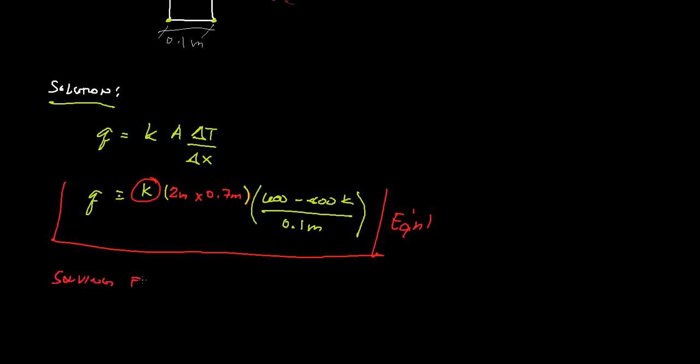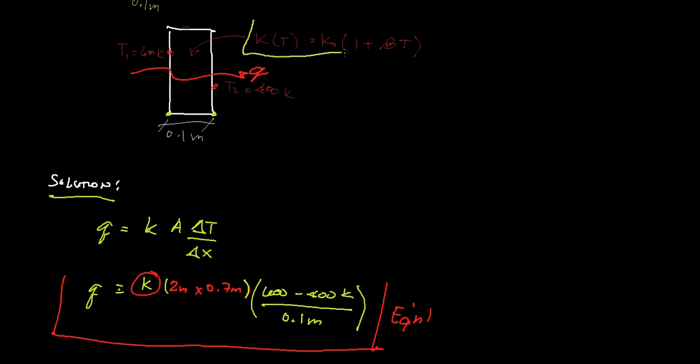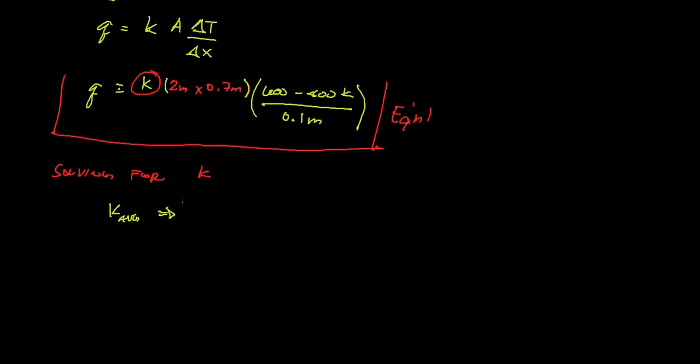So solving for K, since it is a variable K, to find the K average we can use the given linear function, K as a function of the temperature is equal to k sub 0 (1 + beta T).